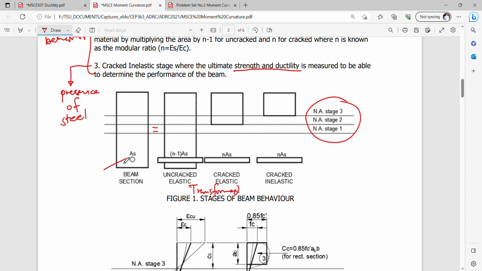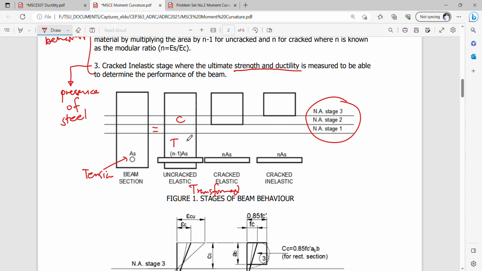We disregard compression steel first. It favors more the side of the tension. So these are the tension fibers and the compression fibers.